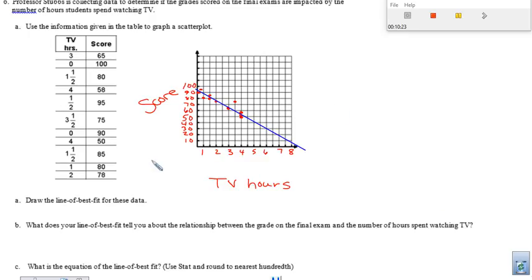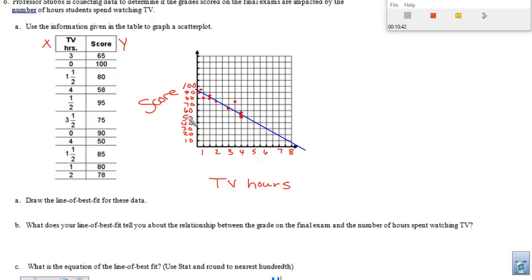Okay, on number 6, we have Professor Stubbs, who is collecting data to determine if the grades scored on the final exams are impacted by the number of hours students spend watching TV. So what I did is your first column is always your X in the table. Your second column is always your Y. So TV hours goes along the X-axis, score goes along the Y-axis.